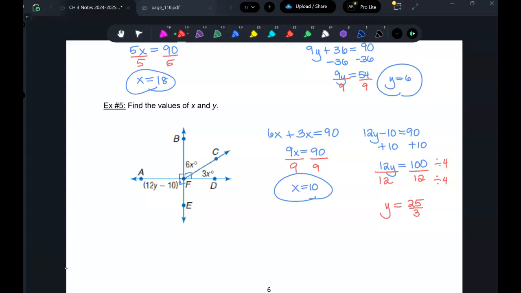If you put it in your calculator, you're going to get a repeating decimal. I actually prefer to just leave it like 25 over 3. If you're using the TI-Inspire, it will automatically write it that way. Okay, good. All right.